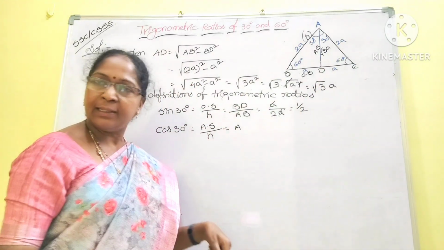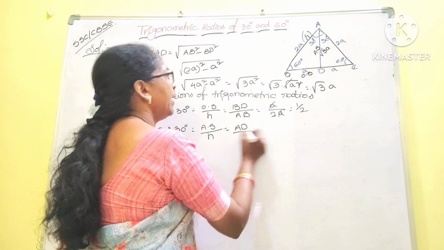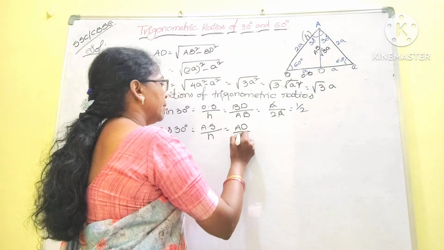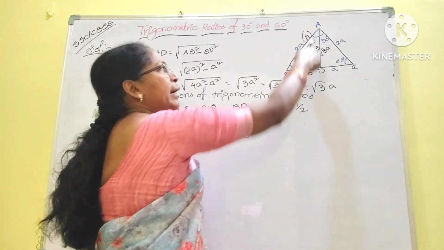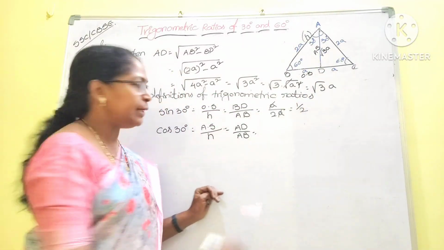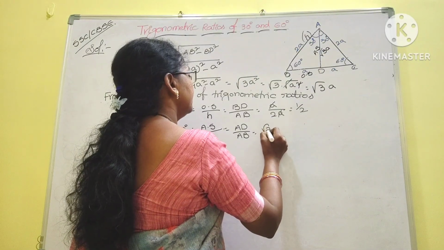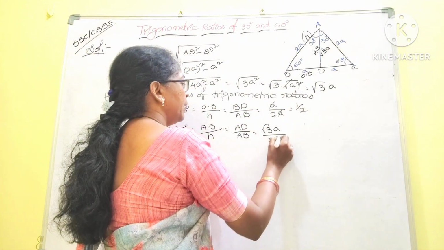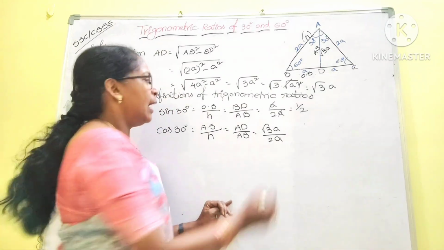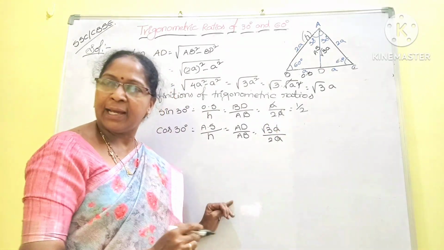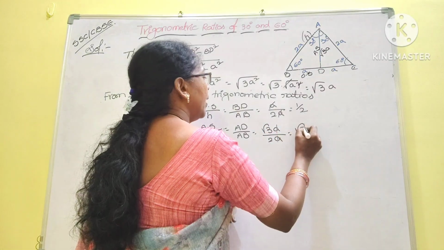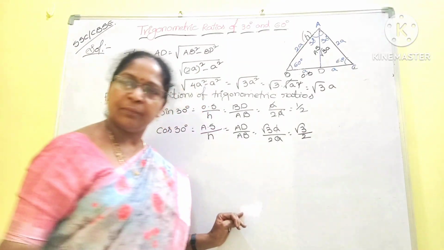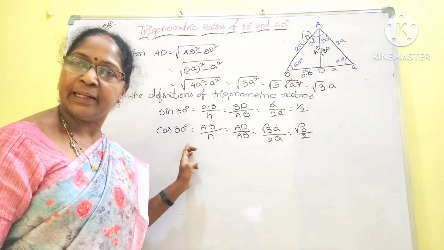Now AD by hypotenuse AB, where AD equals root 3 A and AB equals 2A. Just substitute the values, and here A and A will be cancelled. Then the remaining value is root 3 by 2. This is the value of cos 30 degrees.